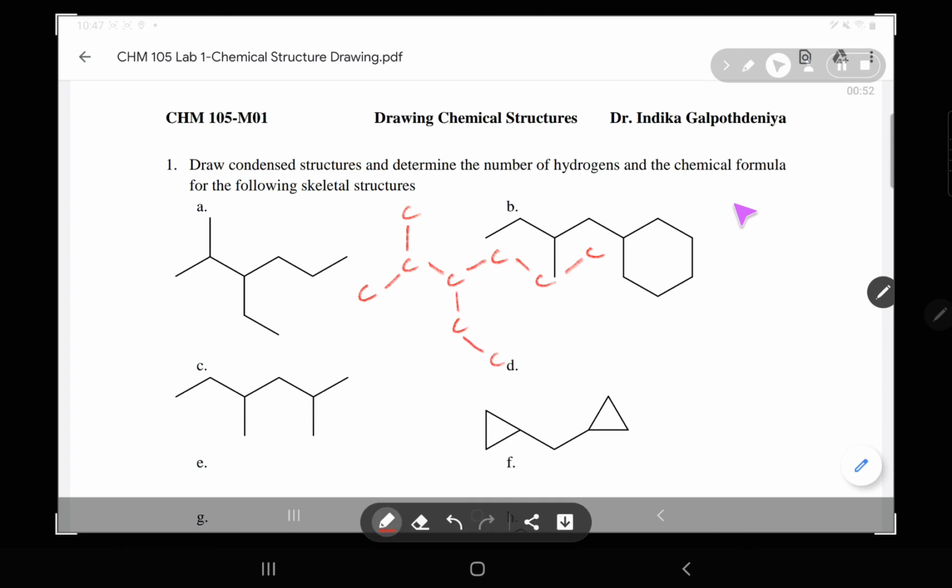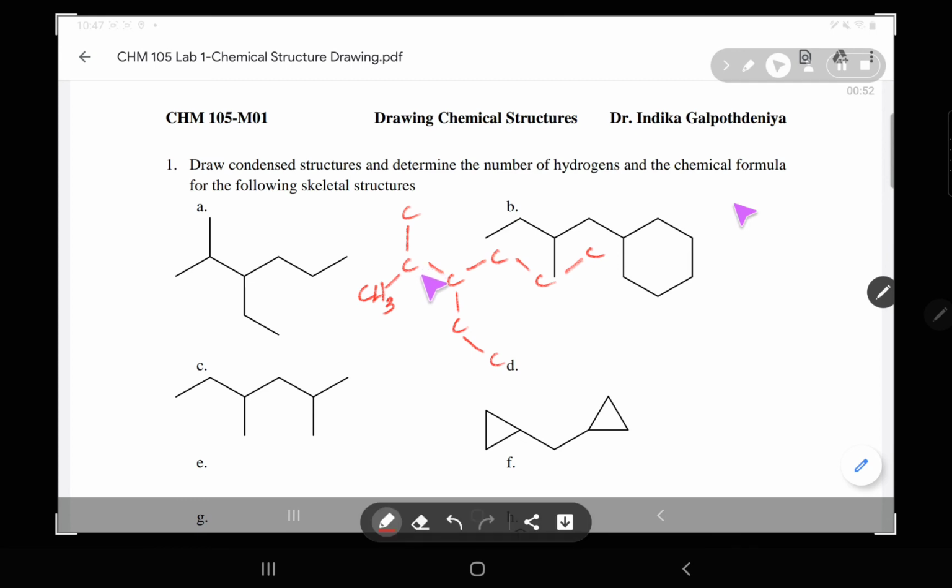As you can see, now we know how many carbons we have and how many carbon-carbon bonds we have. This particular carbon has one carbon-carbon bond, but every carbon has to have 4 bonds. So the remaining 3 bonds should be 3 hydrogens.